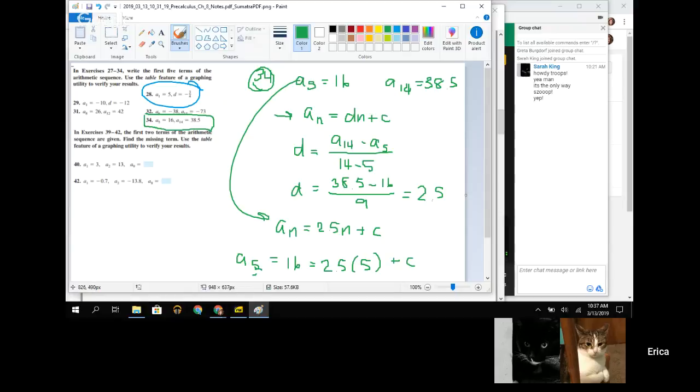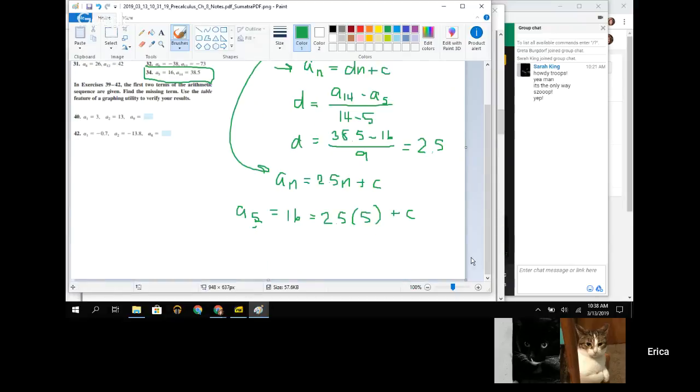So I have 16 minus 2.5 times 5. So c turns out to be 3.5. So my equation is a sub n equals 2.5n plus 3.5.